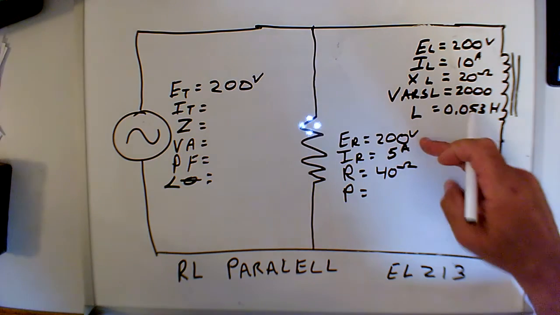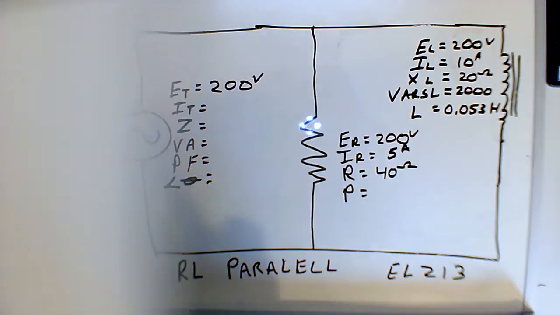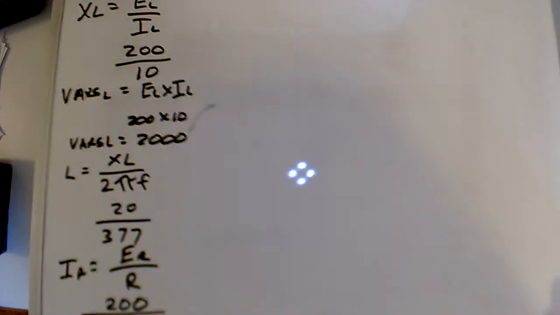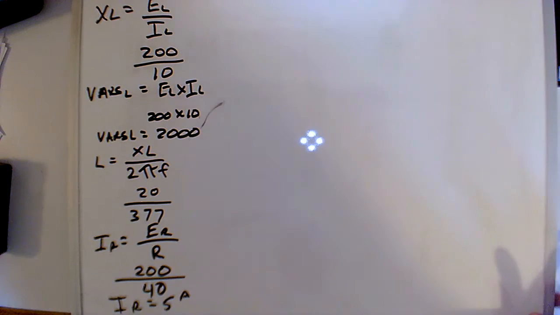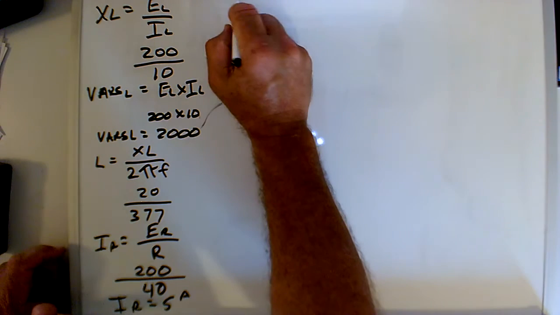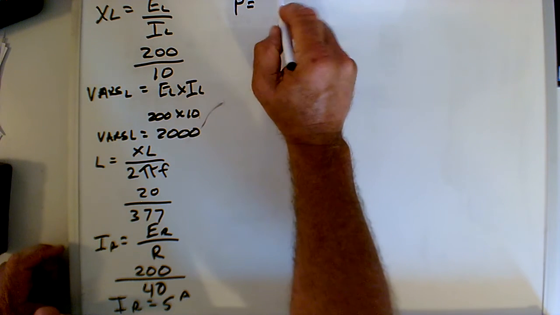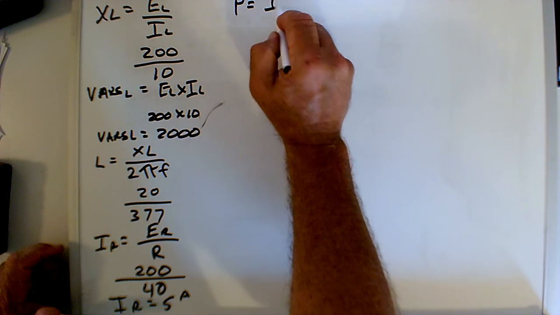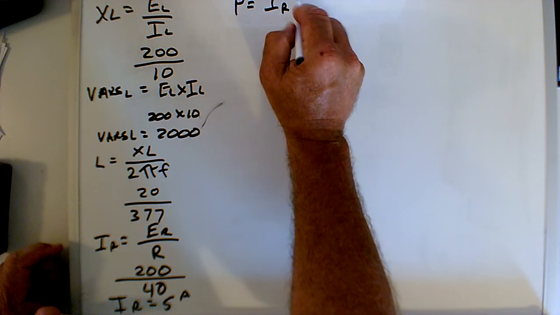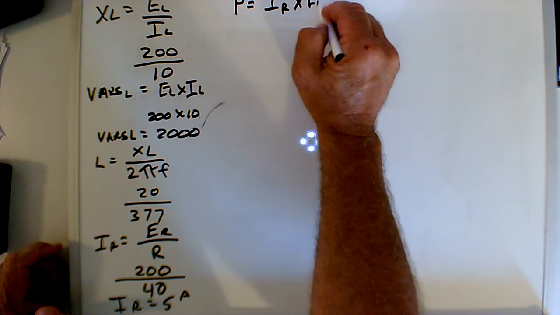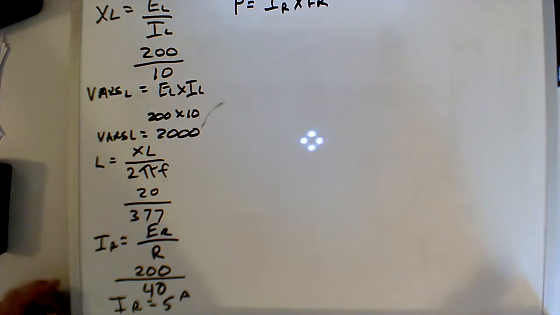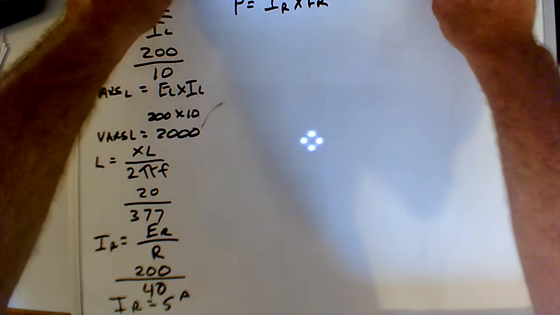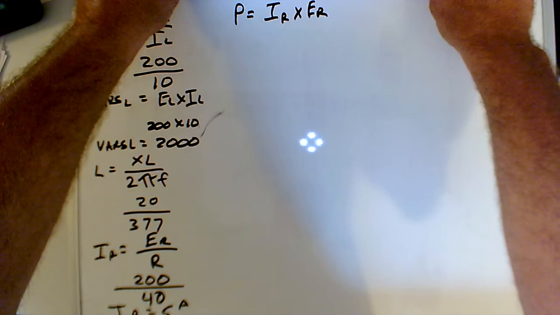And with the amperage and the voltage, I can figure out what the power is. What is the true power? I know the I and the E, so I can figure out what the P is. True power is P is equal to IR times ER. And you can't see that, I don't think. So let me move that.